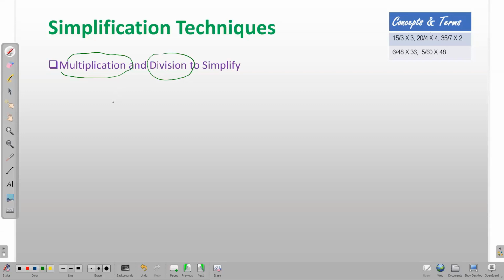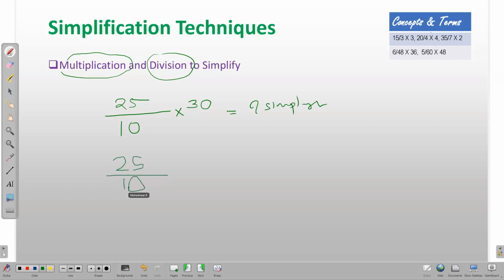Such as, writing a problem: 25 divided by 10 into 30 equals what? Simplify.